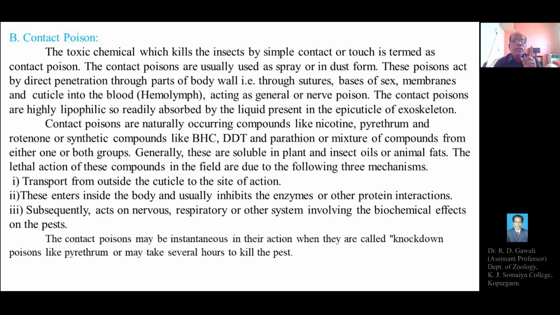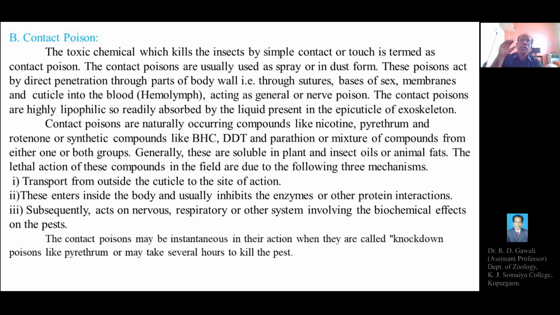The first mechanism of the contact poison for causing its toxic or lethal effect on the pest is transport from outside the cuticle into the body to the site of action. Second, it enters inside the body and usually inhibits enzymes or other protein interactions.